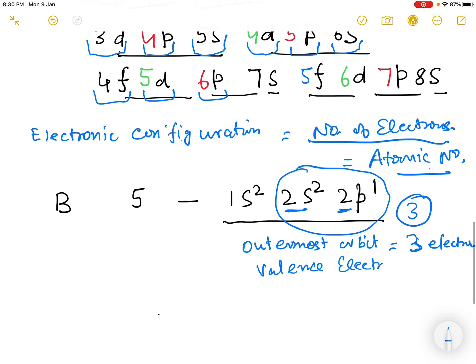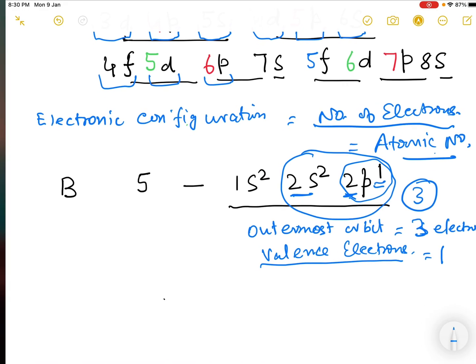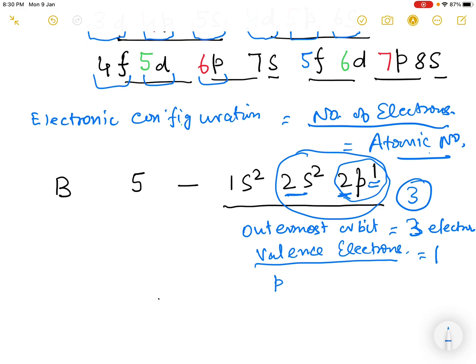Valency electrons are the number of electrons in the outermost orbital, that is 2p1, and 1 is the valency electron. And as the outermost subshell is 2p, we say that this is a p block element.